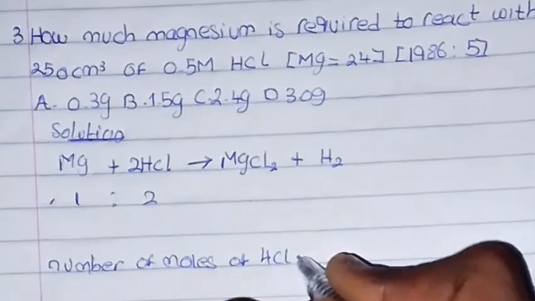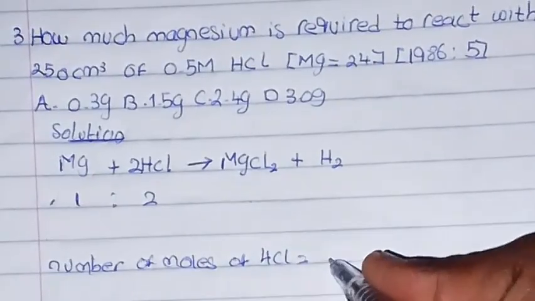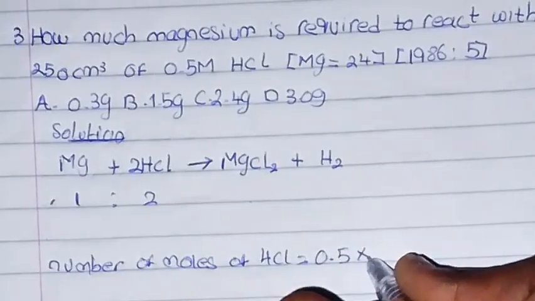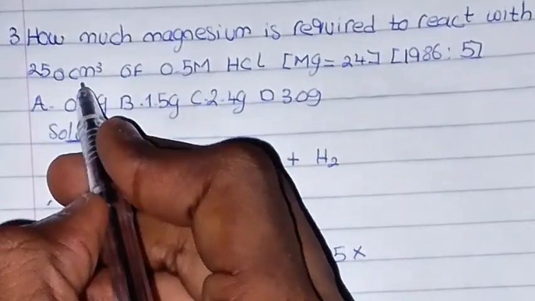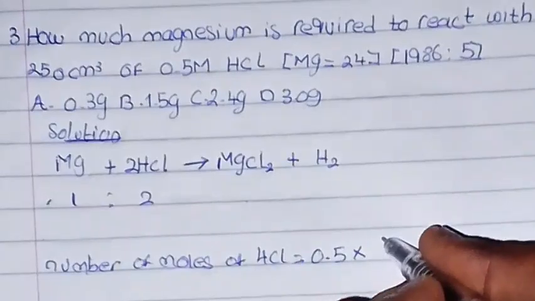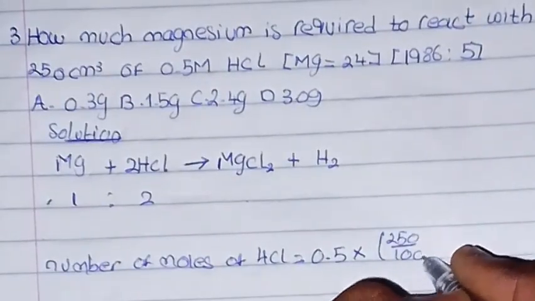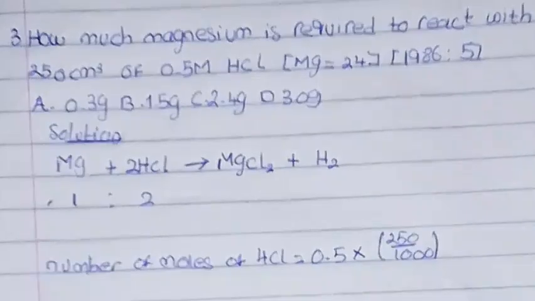all right, is equal to, we said number of moles equals concentration times volume. Concentration, which is now 0.5, times, we need our volume, which is 250 cm cube. We need it in dm cube, so let's put this in bracket: 250 divided by 1000. All right, so we're going to compute that.